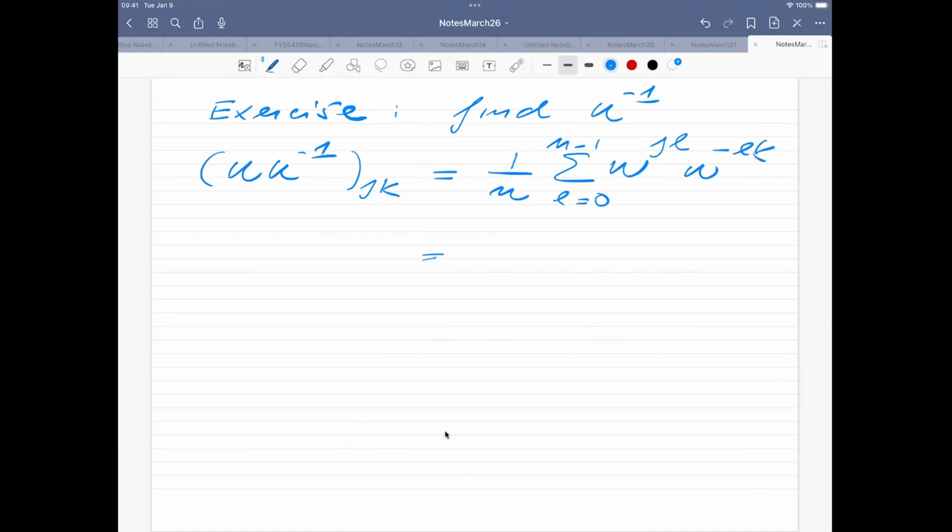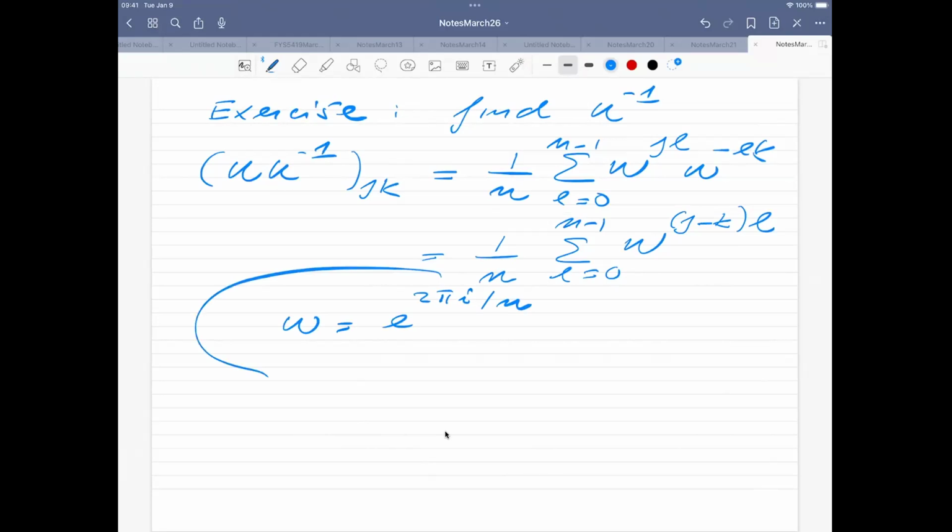This is 1 over n times the sum over L from 0 to n minus 1 of omega to the power of J minus K multiplied with L, where omega is nothing but e to the 2 pi i divided by n. I'm going to leave this as an exercise: this term is equal to 1 only if J is equal to K.